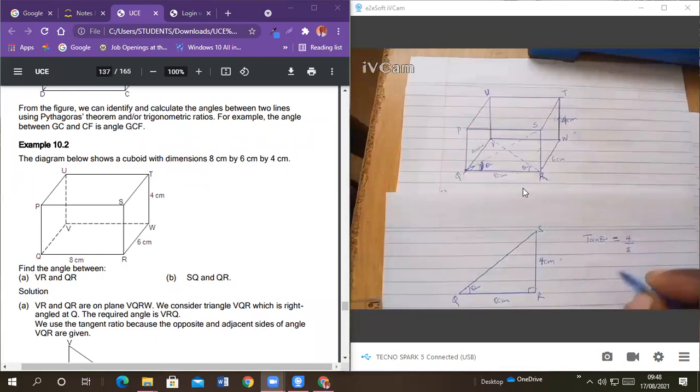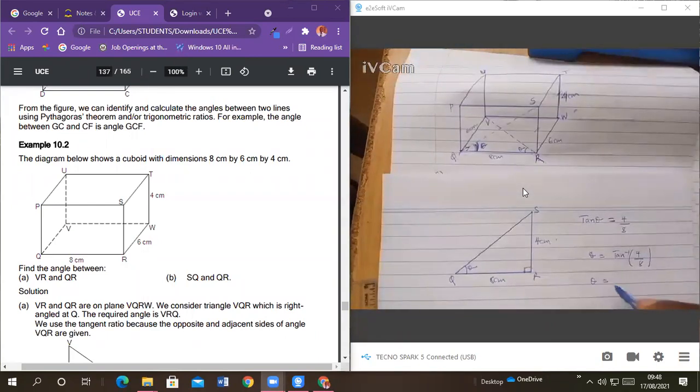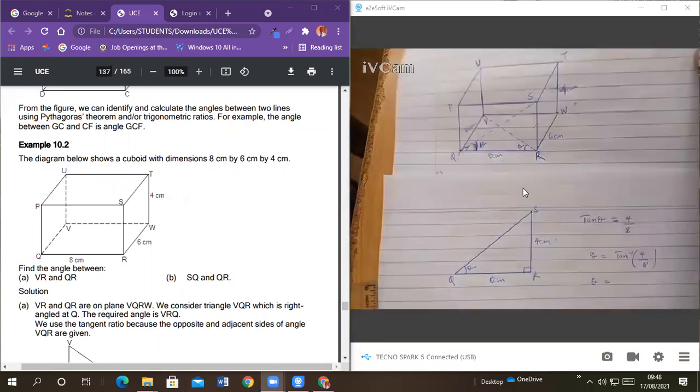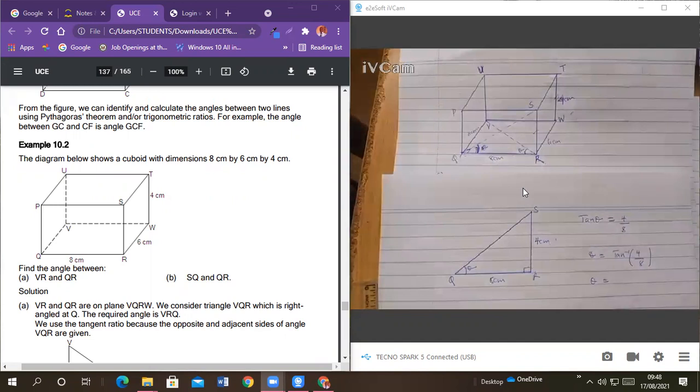So theta equals to, and you have already tested the calculator, so you are going to give me the answer. And theta is equal to 26.57, that is 26.6.